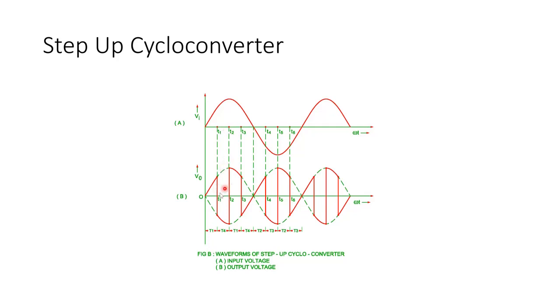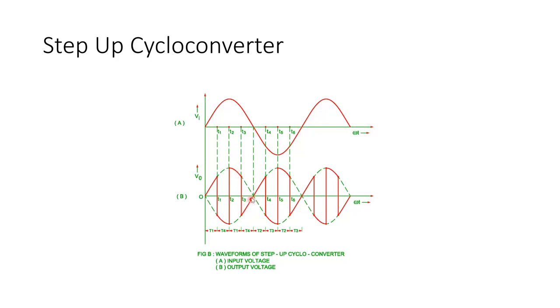In this particular case, you first allow your P converter to be turned on, so that is why your output is following the input until T1, and after that you turn on your N converter, so that is why you get the negative voltage in the load, and you turn on your P converter again and your N converter again.